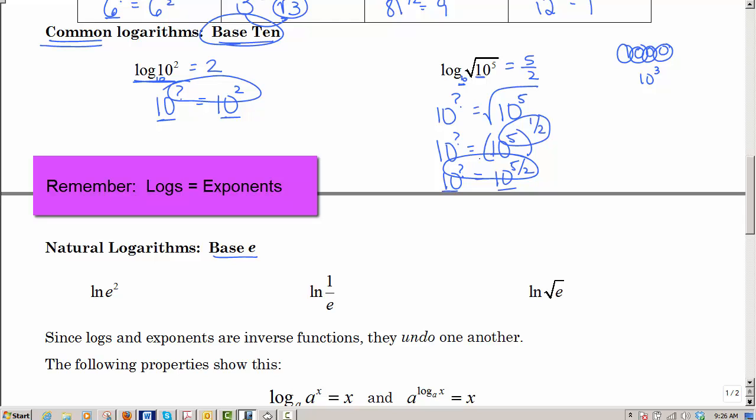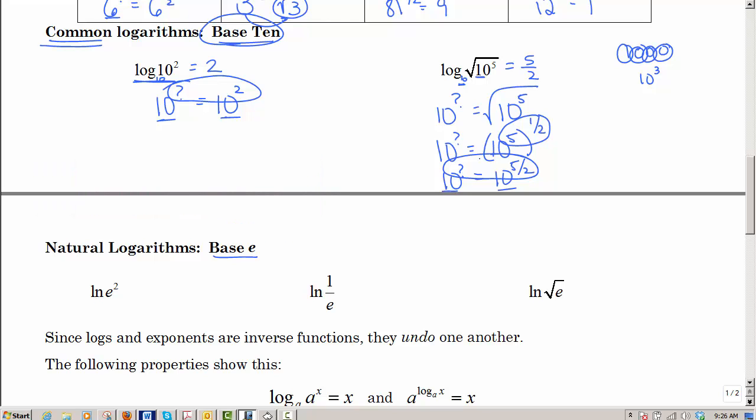Now, the other thing on a scientific calculator would be the natural log. That is abbreviated as LN. On your calculator it looks like that, so some people think that's an I or a 1, but it really is an L. I don't know why they switched that, but it's base E. We talked about what E was.